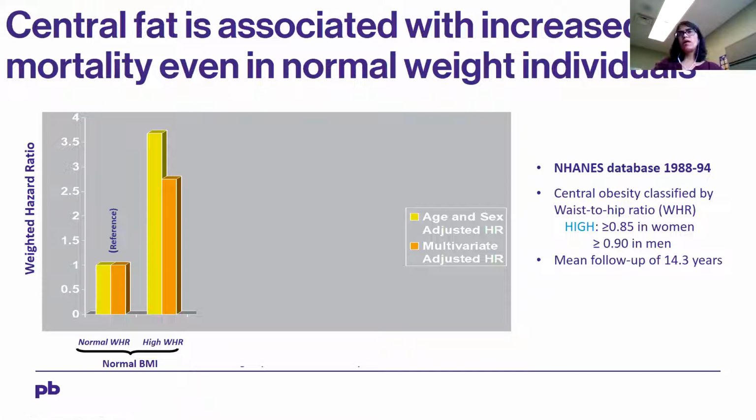These individuals were followed up for 14 years or so, and we looked at their cardiovascular mortality. What we found was that even in people who had normal weight, individuals who had a higher waist to hip ratio and were centrally obese had a very high risk of dying because of cardiovascular causes.